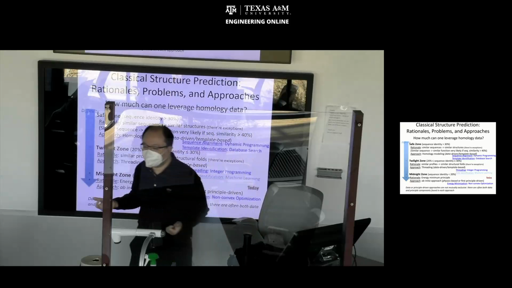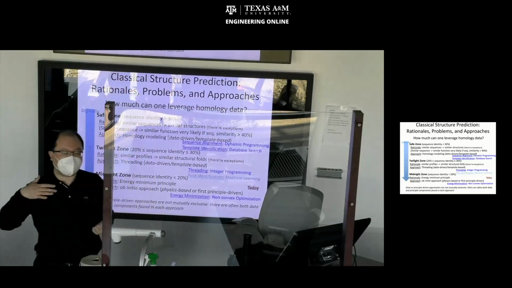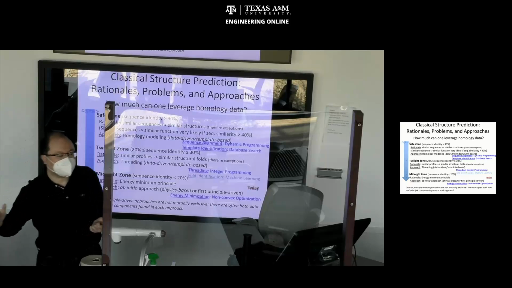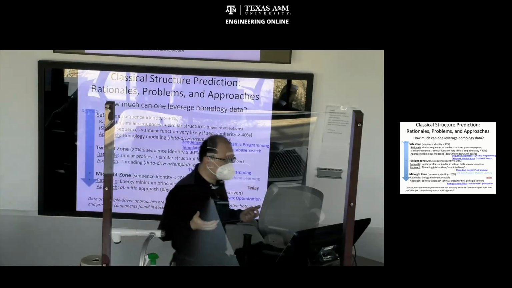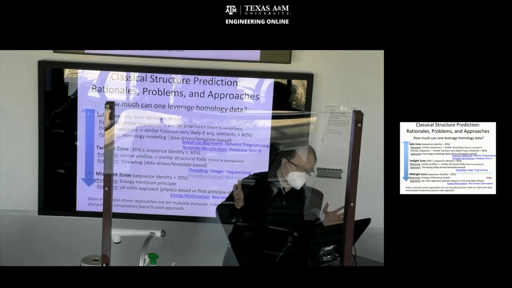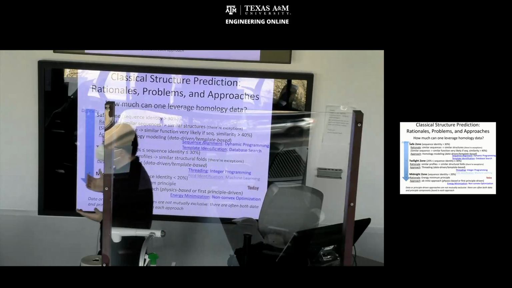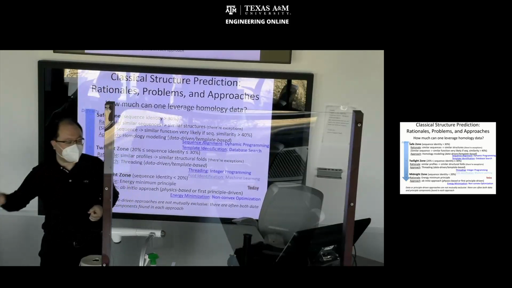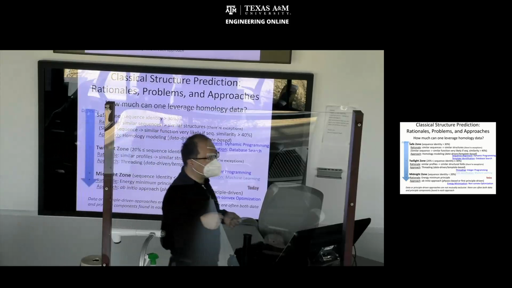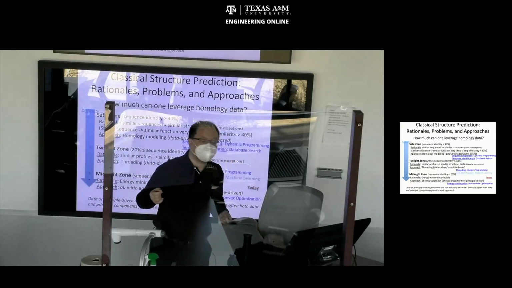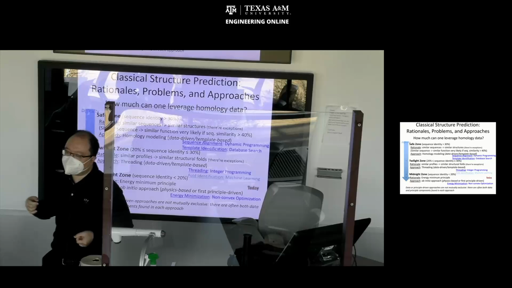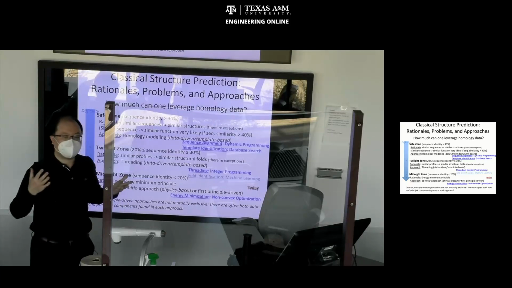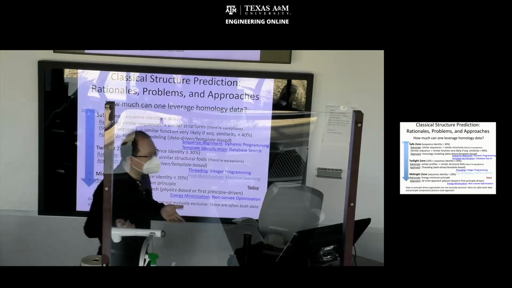But we never used all the other structures at all, right? So that gives us a hint that in the twilight zone, we can utilize that data and ask ourselves, instead of aligning the query sequence to the template sequence, what if we align the query sequence to the template structure or fold and ask, how does it like the fold?